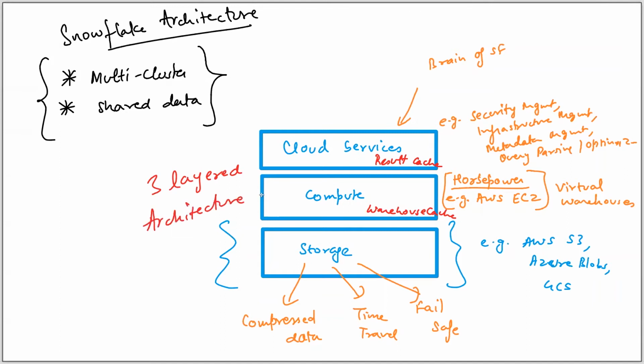So when you look at this architecture, you will find that compute layer can be scaled up, scaled down on demand. So this one is always on. But compute layer is actually required for extract, transform, load.